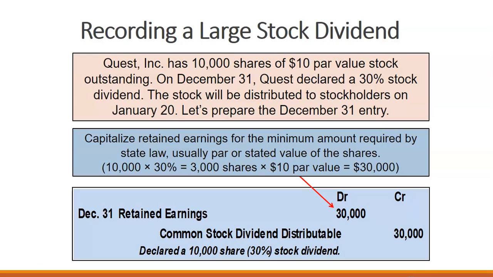So we capitalize our retained earnings for the minimum amount required by state law for a large stock dividend. So that's our par value. We're going to debit retained earnings for 30,000 and credit our common stock dividend distributable, 30,000. In either case, we're going to have additional shares of stock.